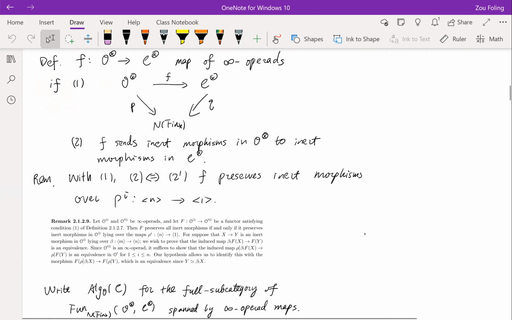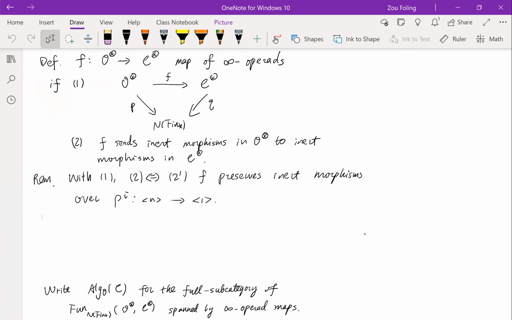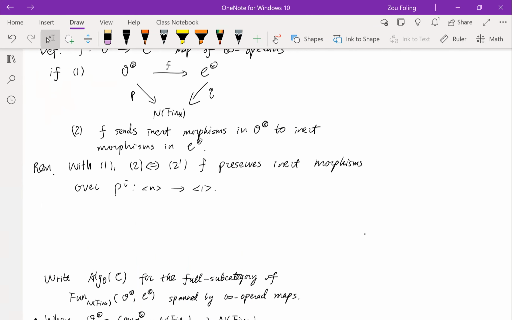Number two can be satisfied if F preserves just the inert morphisms over the ρ^i. ρ^i is a special case of inert morphism. That's the argument: if F preserves inert morphisms over ρ^i, then it will preserve inert morphisms in general.